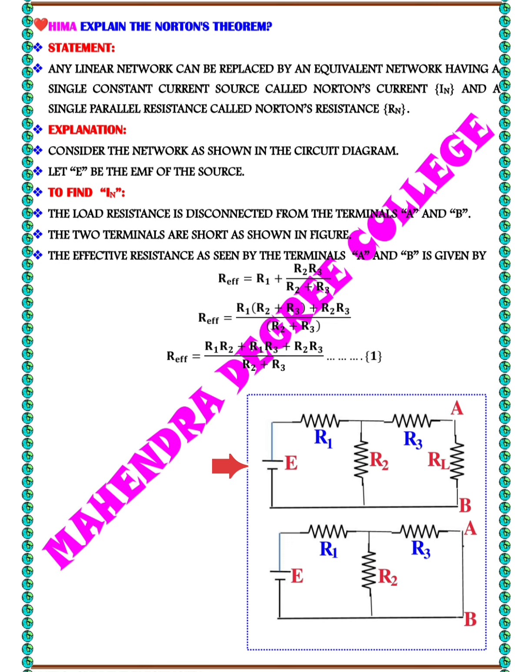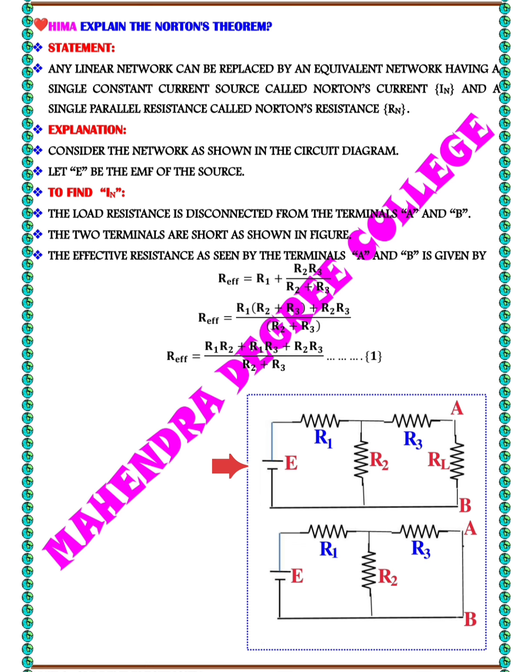The formula for calculating the total resistance is R equals R1 plus R2 plus R3 plus R4 and so on up to Rn, where R1, R2, R3, R4 represent the resistances of individual components.